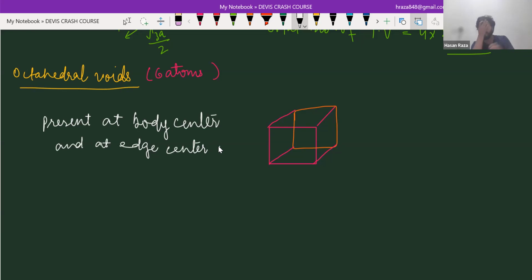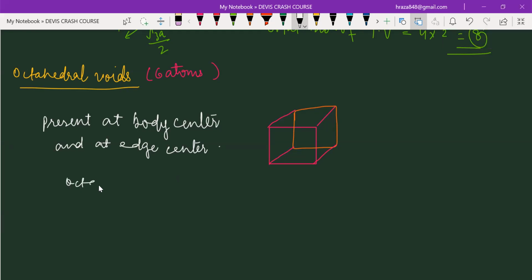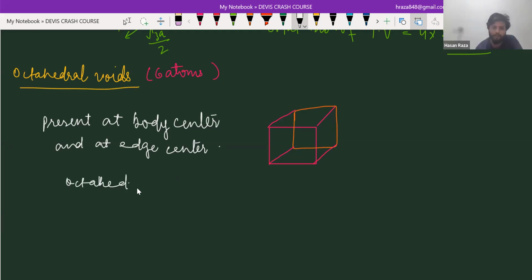So see, now it's very simple. You can see we have 6 faces in a cube. So on the 6 faces there will be atoms. There will be 6 atoms, and due to those 6 atoms there will be a void that is known as an octahedral void. So octahedral voids at the body center will be equal to 1.